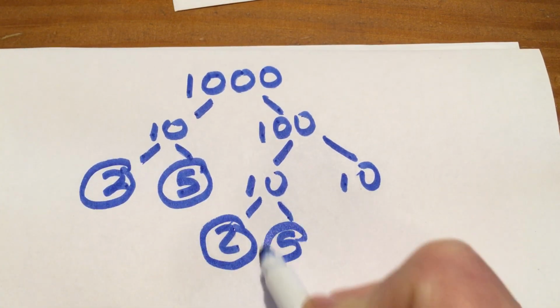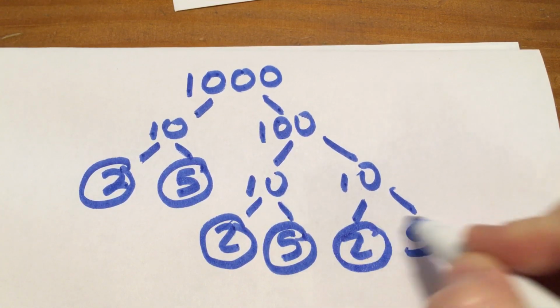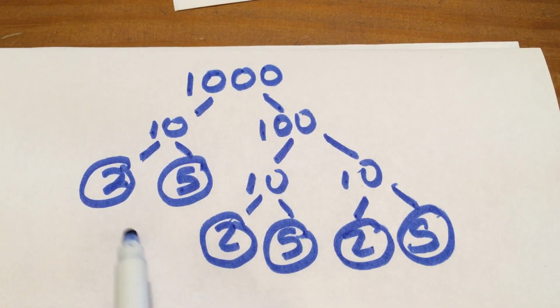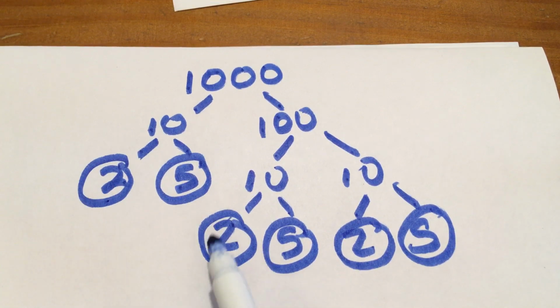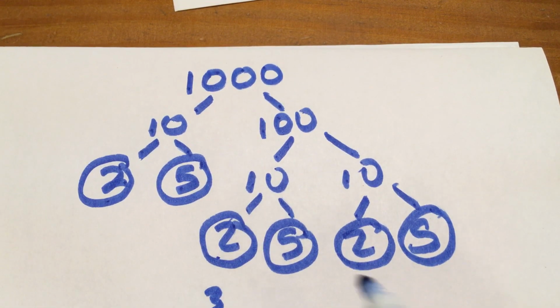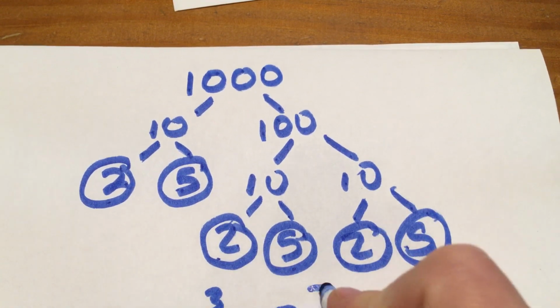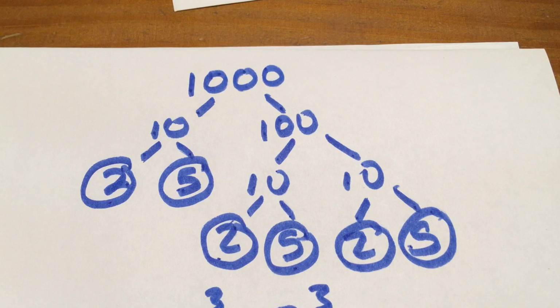They're both prime. 2 times 5 is 10. They're both prime. How many 2's do we have? 1, 2, 3. So we can go 2 to the 3rd power times 5. How many 5's do we have? 1, 2, 3. 5 to the 3rd power.